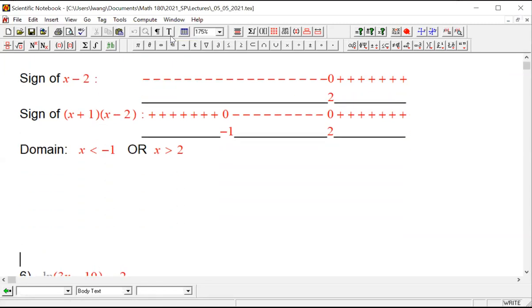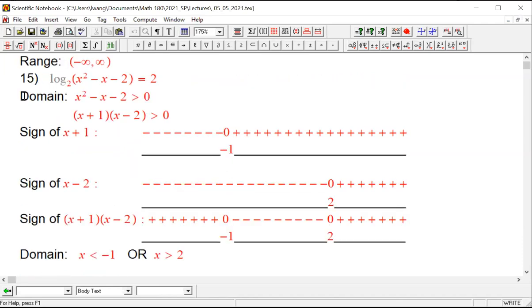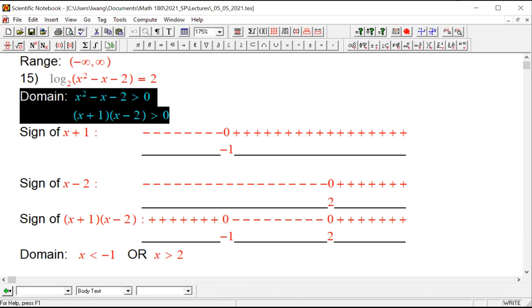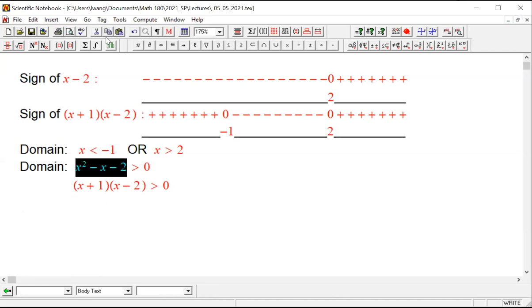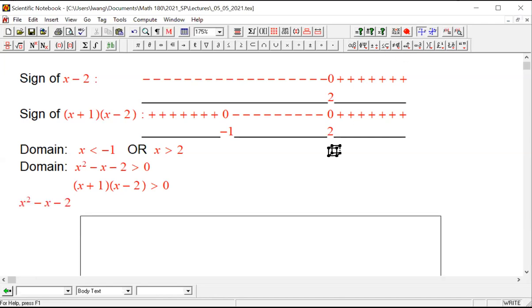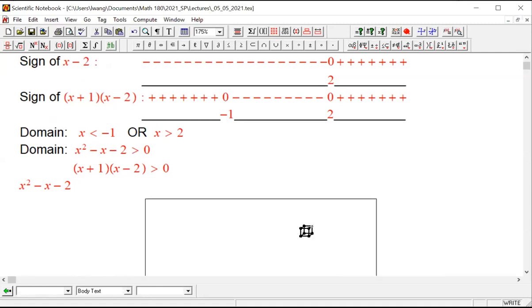I sometimes find the other way so much easier, which is the graph. Do you agree with me? I can just graph this to determine domain. I know the x-intercept, right?